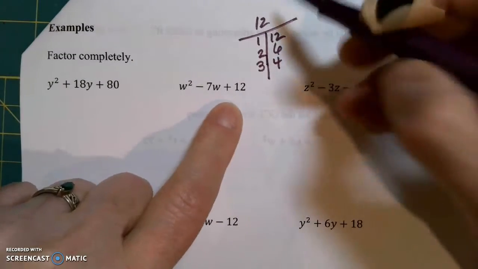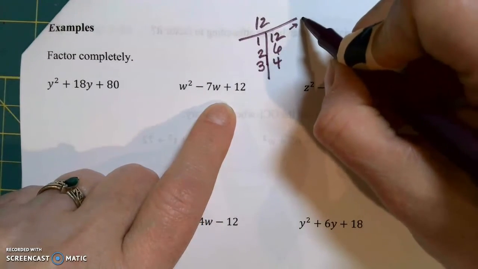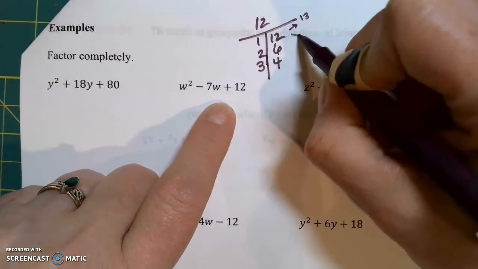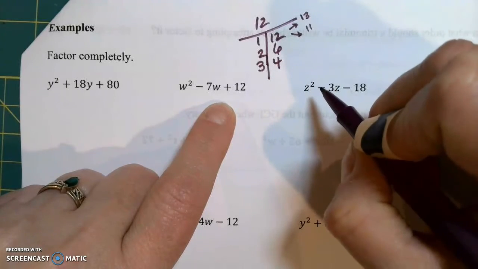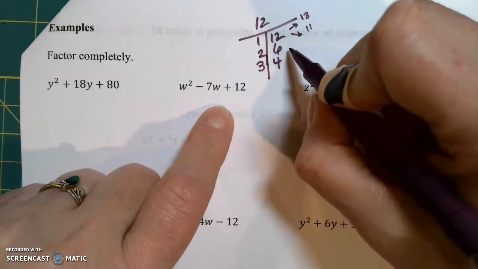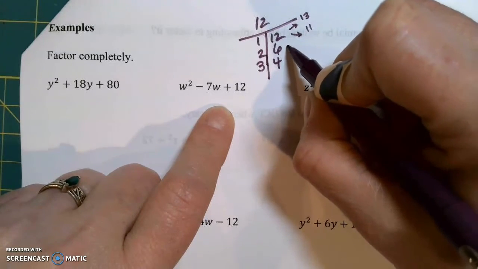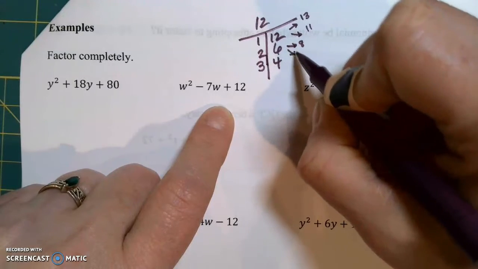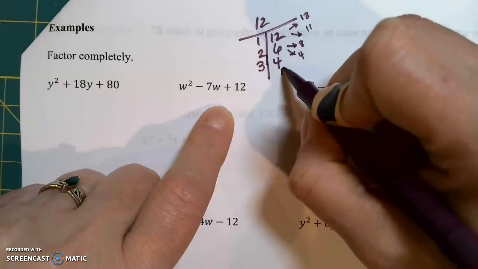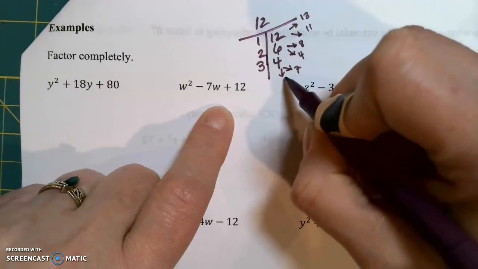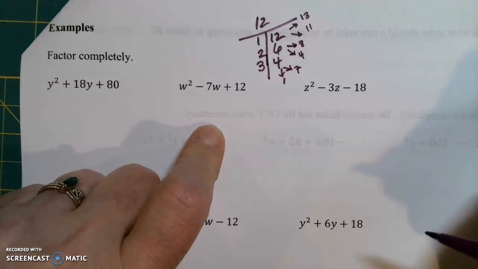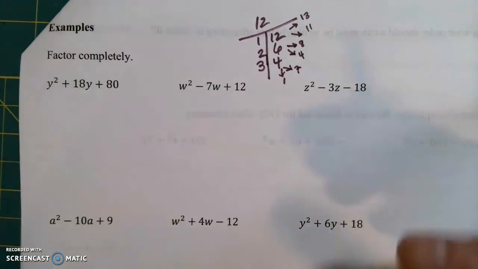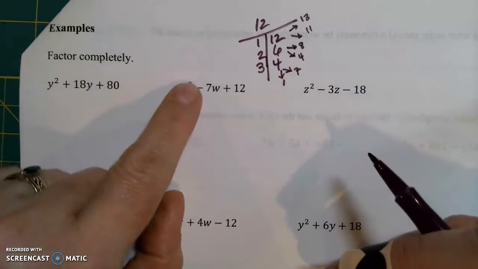Then you look at these and you're thinking to yourself, okay, well, either they add together and get 13, or they subtract and go to 11. For 6 and 2, they either add to 8 or subtract to 4. And then for 3 and 4, they either add to 7 or subtract to 1. That's because we could have one positive, one negative.